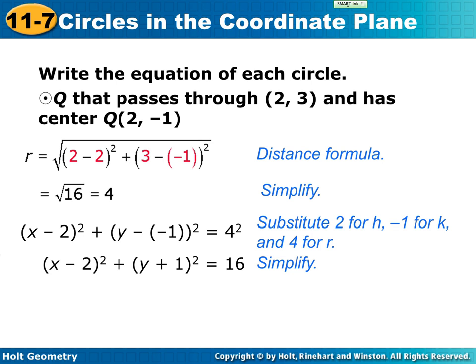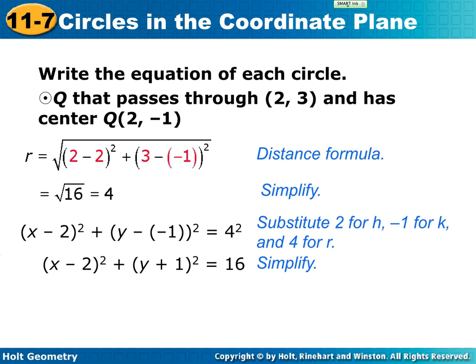Okay. All right, now can you go backwards? If I give you this equation, can you pick out the center point and the radius? Well, the radius is going to come from the 16, right? And what do you have to do to it to get the radius? Square root it, because that is r squared. And then the center point is going to come from these numbers.